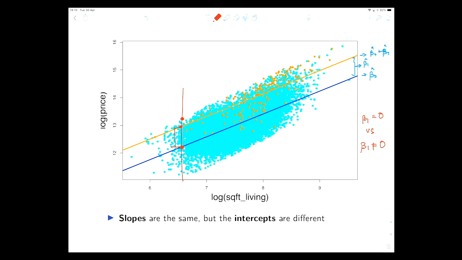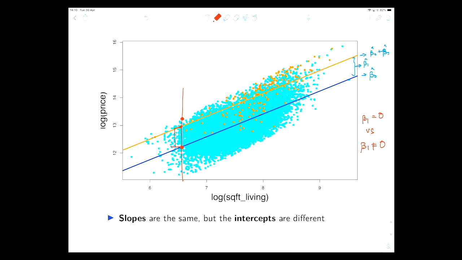Spoken another way, we're basically saying that properties which have a waterfront have a slightly different relationship to the square foot living area versus properties that do not have a waterfront. So the relationship between price and living area is no longer the same. It will depend on whether there is a waterfront or not.